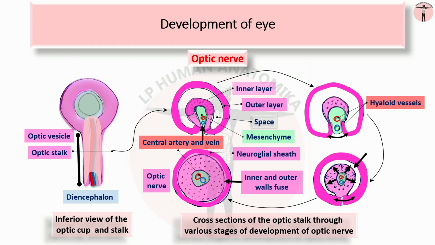Because it develops as the continuation of diencephalon, it becomes a part of the brain. It is not completely myelinated until 3 months after birth. It is myelinated by oligodendrocytes and is not capable of regeneration after transection.